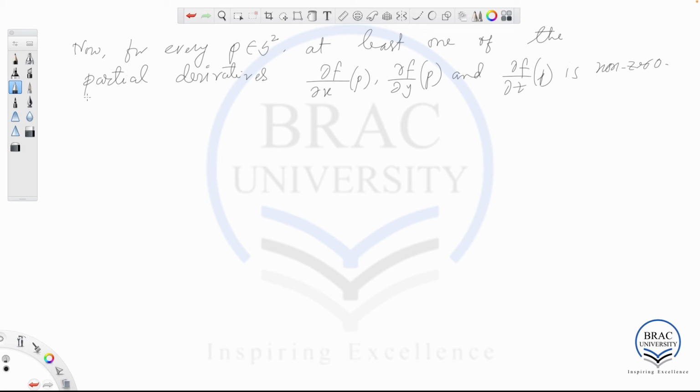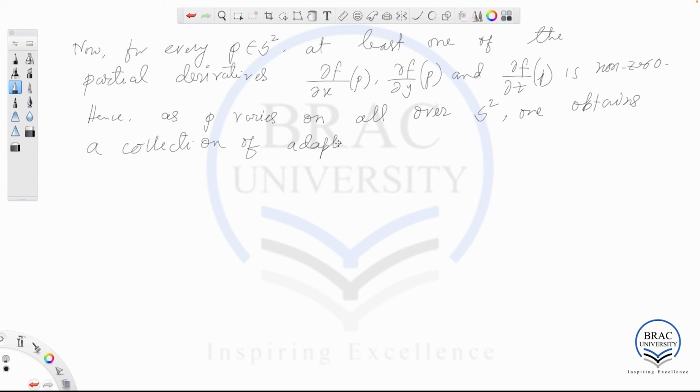So let me write it. Hence, as P varies all over the two-dimensional sphere S2, one obtains a collection of adapted charts of three-dimensional Euclidean space that cover S2.